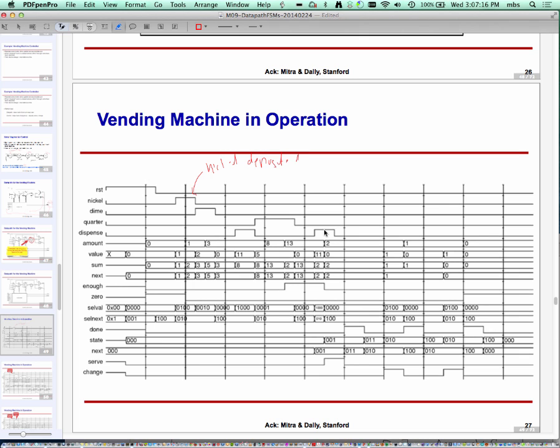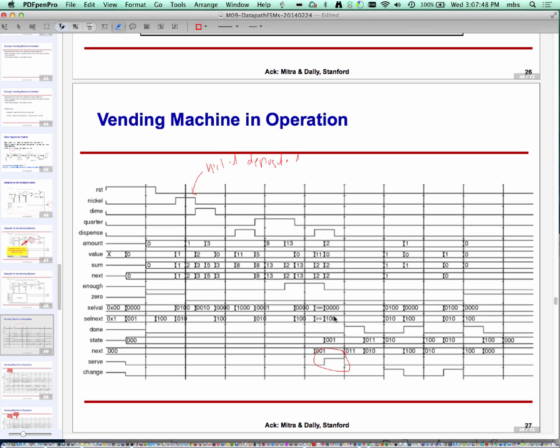This time around, the button is pressed, and we have enough money, so the serve signal goes out here. See this one. As a result of serve, done will go high and then done will go low. So you have to wait for done to go high and then go back to low. That's what our state machine does.